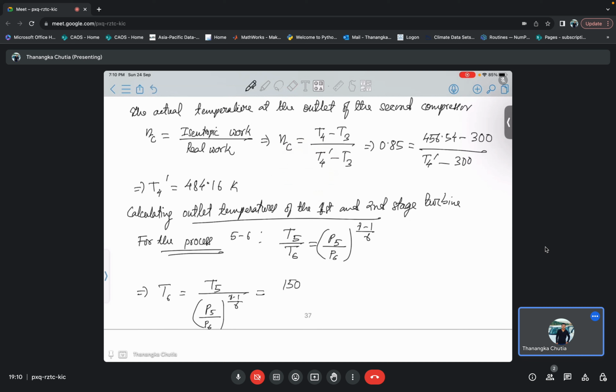T5 is 1500, 5 to the power 1.353 minus 1 divided by 1.353. So it is 985.66 Kelvin.